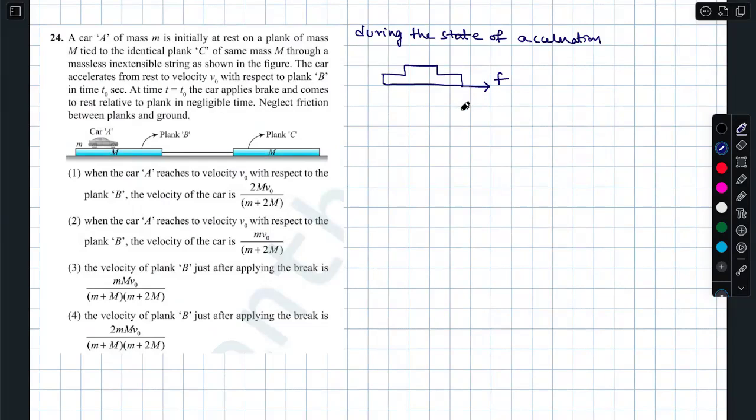And whereas, see, actually, this one will experience frictional force in this direction. Remember, both will move with the same velocity during that time because they were connected.